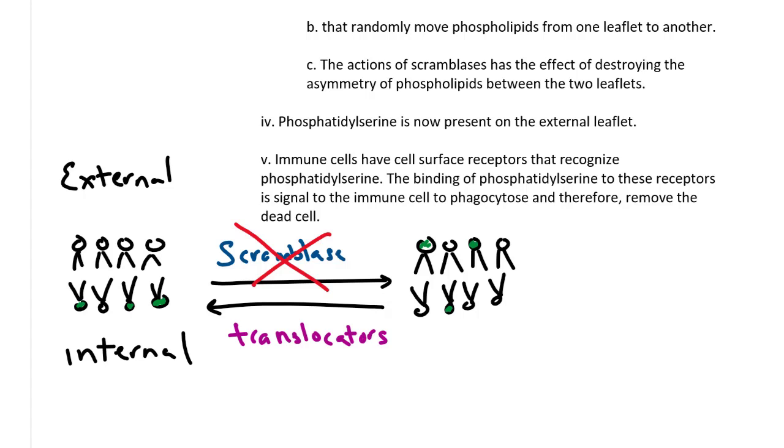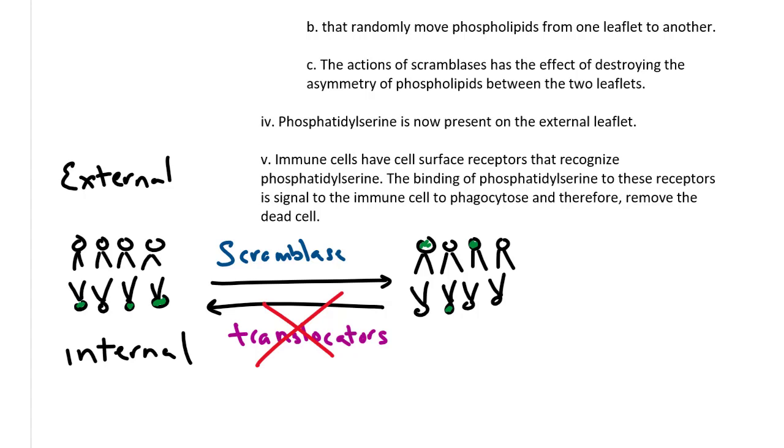Now, when apoptosis is activated, scramblase is also activated as part of the process, and the translocators are inactivated. So now the only arrow that you have is the arrow of disorganizing and shuffling things up. And then you're going to have phosphatidylserines on the external leaflet.